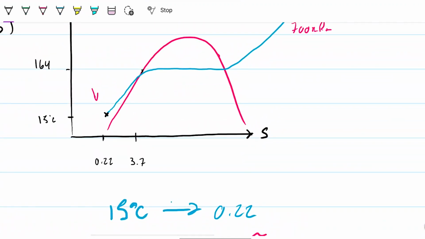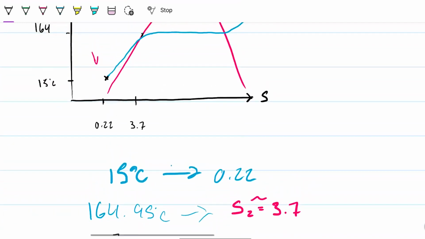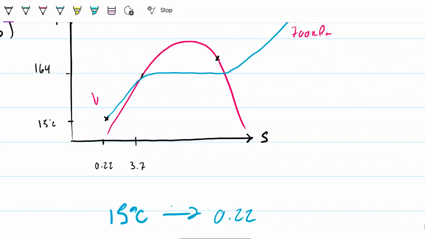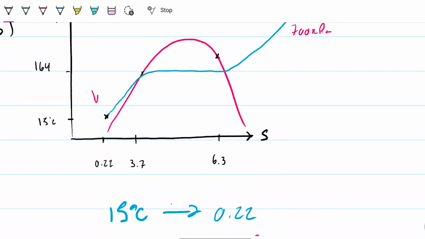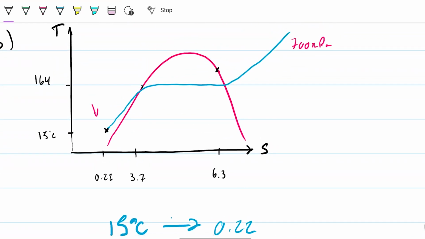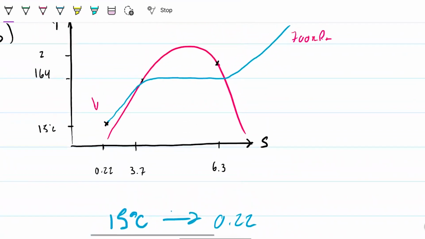And then I have my 200, which is going to be greater. So let me think about this. It has to be here at the end. It has to be at 6.3. It's a saturated vapor, and the pressure cannot be the same as before. So over here, 210.